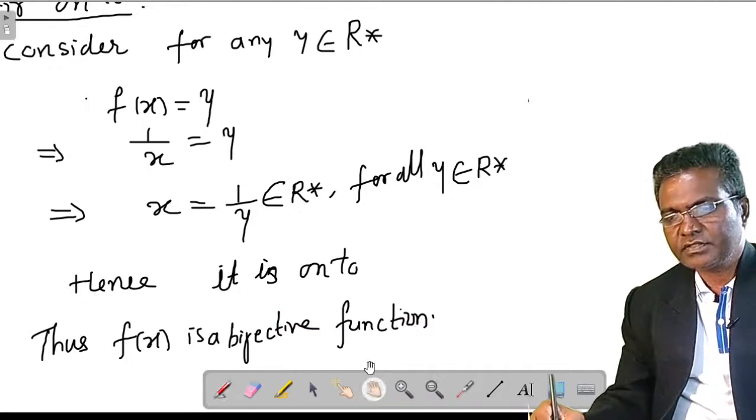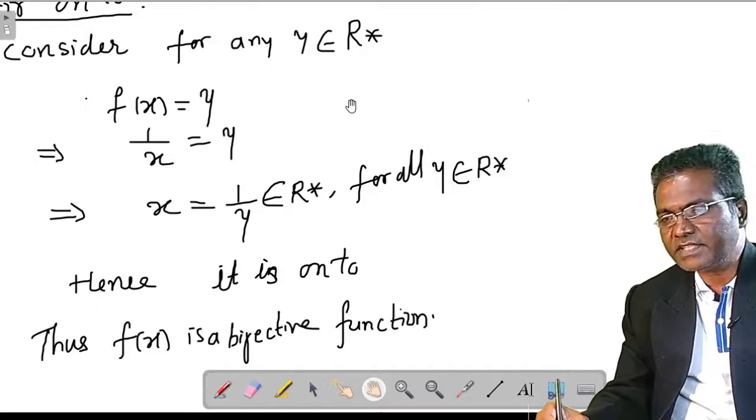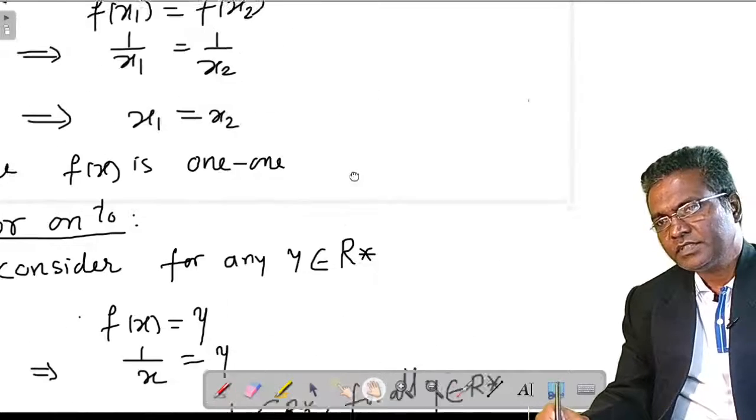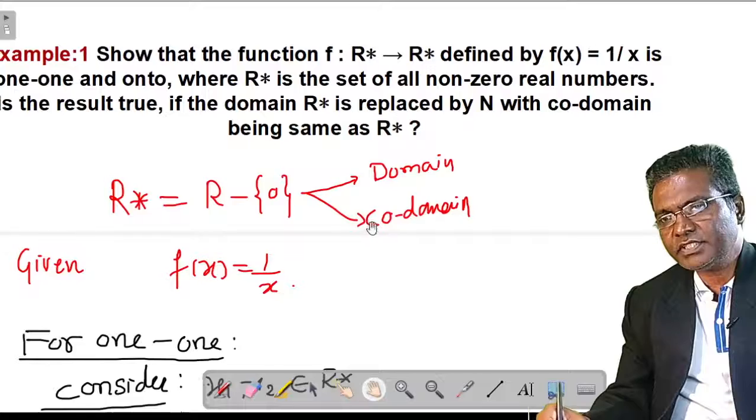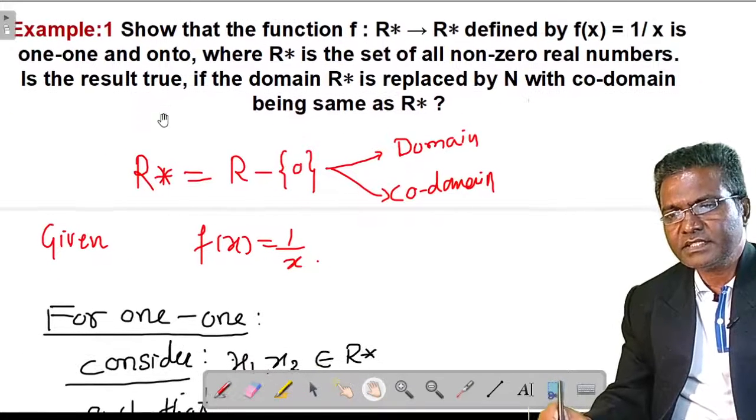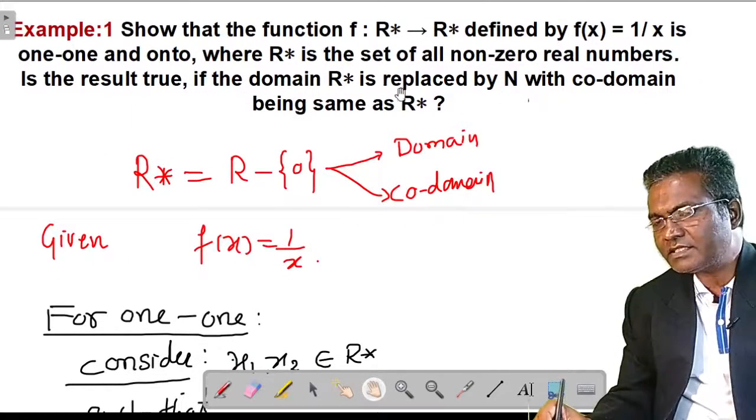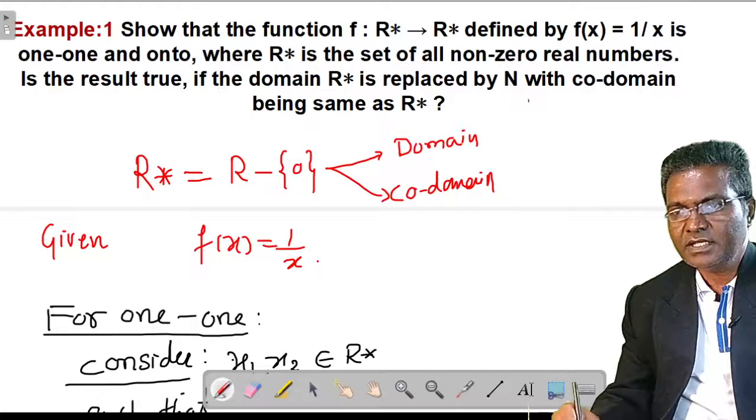Now see here further what is asked. Further question: is the result true if the domain R star is replaced by the set of natural numbers?